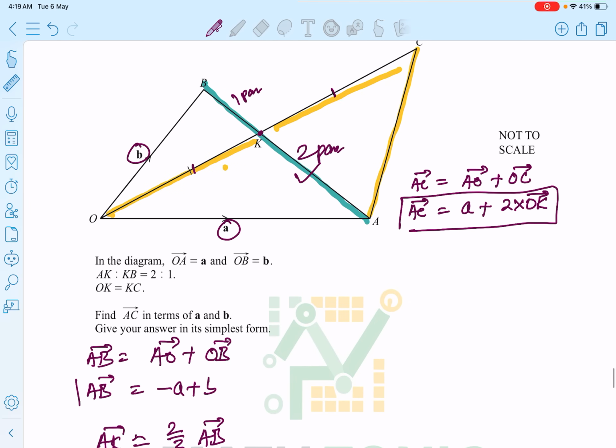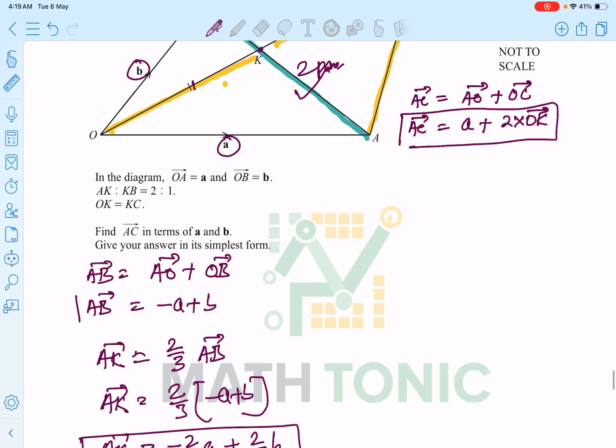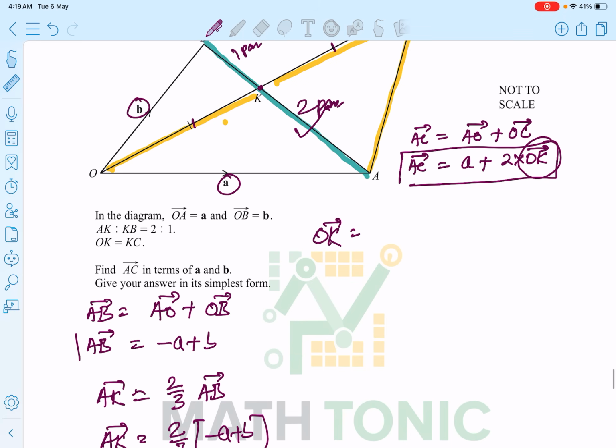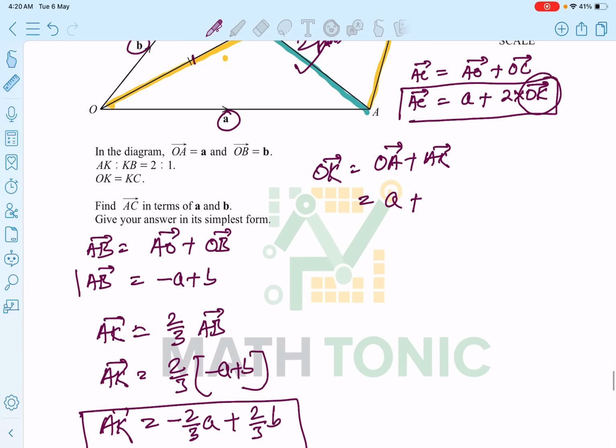Now can anyone tell me how to find the OK vector, because I need OK as well. So OK vector equals OA plus AK vector. Is it okay? OA is given as A, and the AK vector we got here: minus 2 over 3a plus 2 over 3b, right?